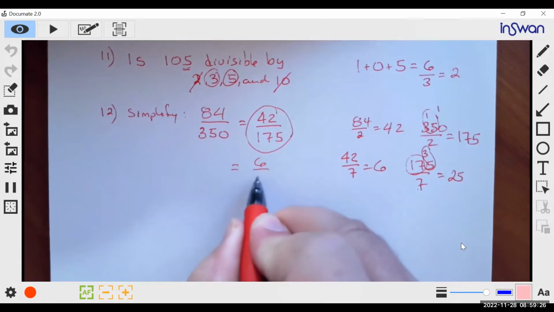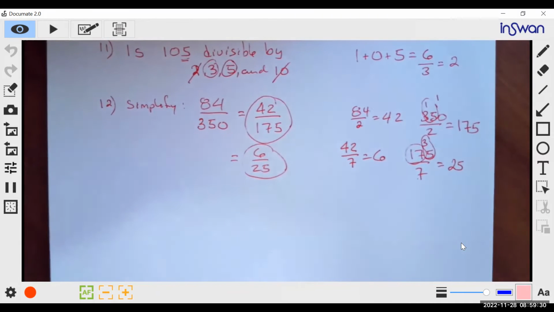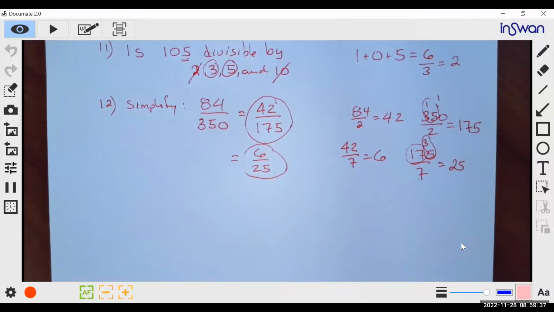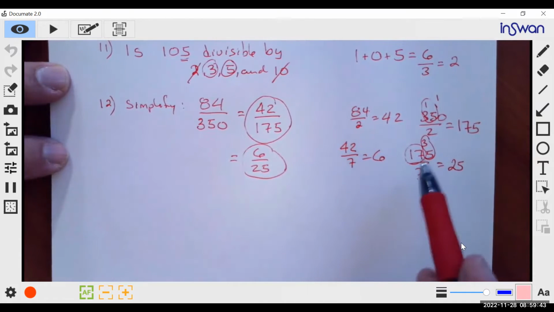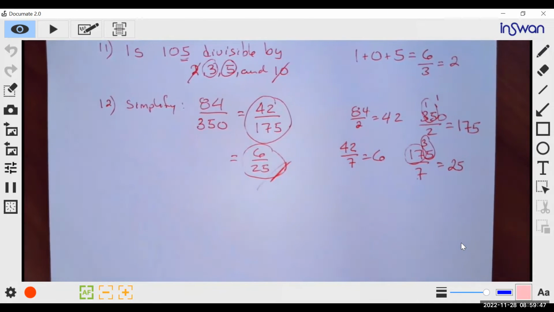So it's 6 over 25. Yeah, 7 has its own set of rules, but you just have to try it and see if it fits into it. So the final answer is 6 over 25.